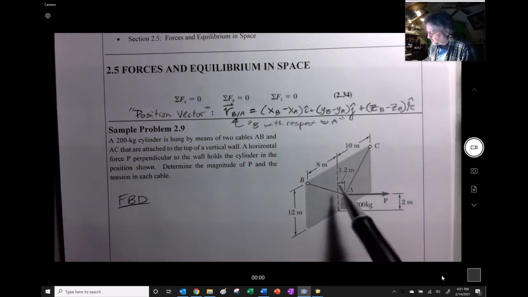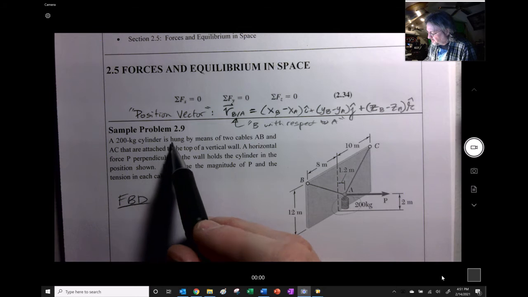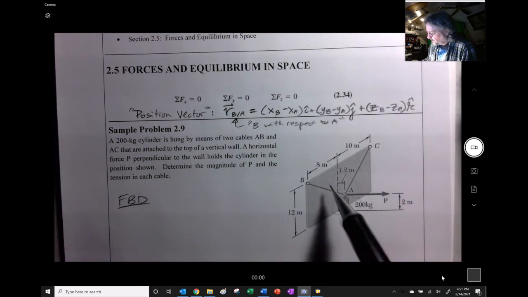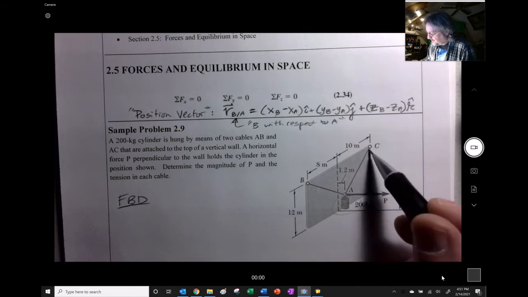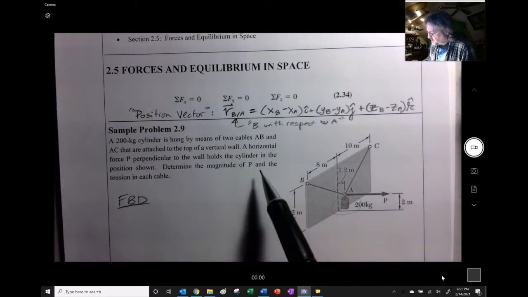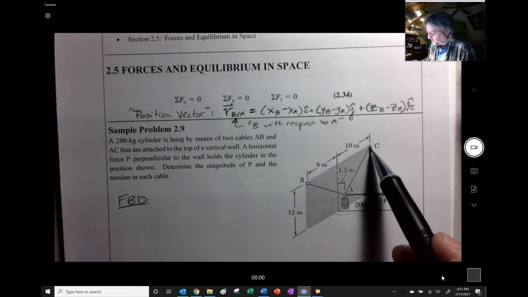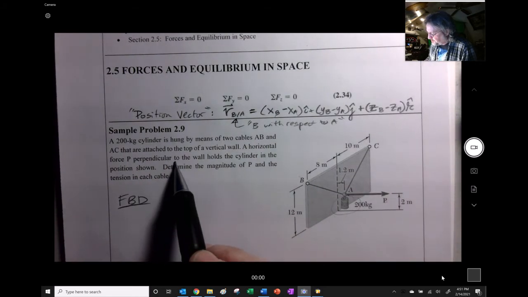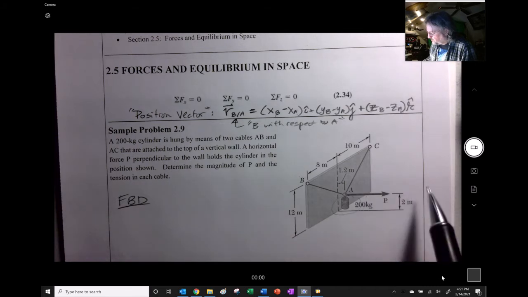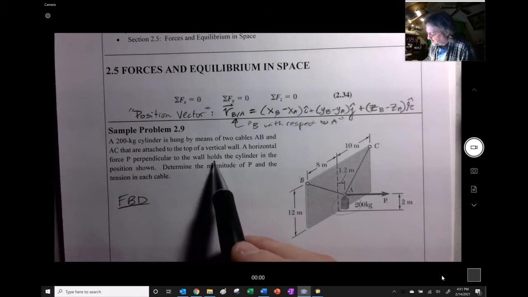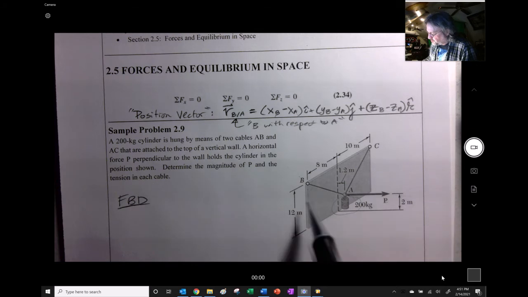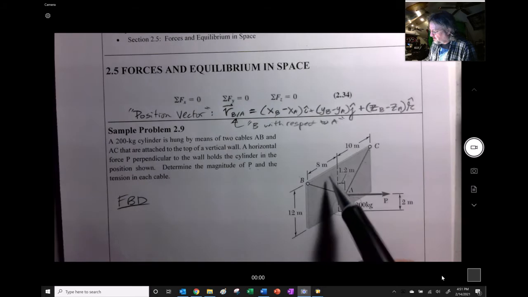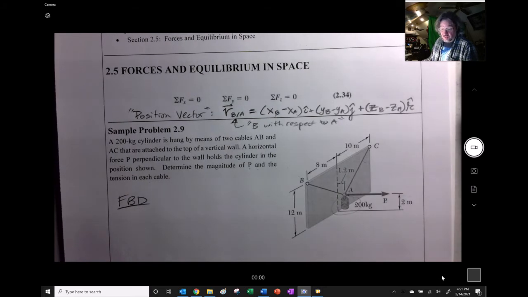A 200 kilogram cylinder is hung by means of 2 cables, AB and AC, that are attached to the top of a vertical wall, and a horizontal force P is being pulled, perpendicular to the wall, and it holds the cylinder in the position that's shown. Determine the magnitude of P and the tension in each of the cables.